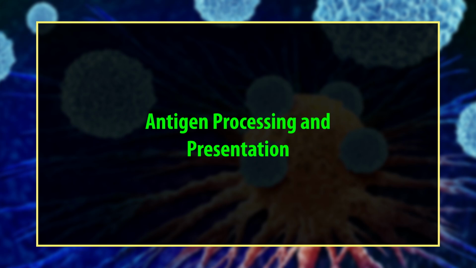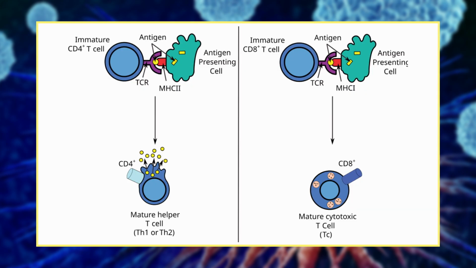Antigen processing and presentation: dendritic cells process antigens and present them via MHC class II to CD4 helper T cells, and MHC class I through cross presentation to CD8 cytotoxic T cells. This dual presentation capability makes them crucial for initiating both arms of cell-mediated immunity.